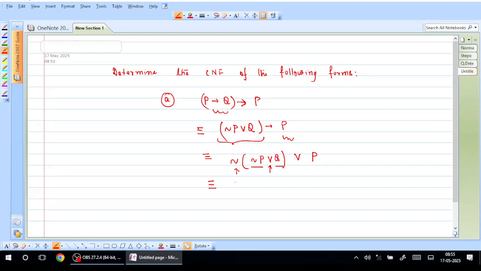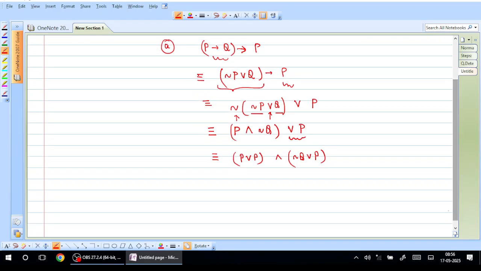So negation of negation of P is P, join becomes meet, negation of Q, and then I have join P. This part is going to be distributed. So I will have P join P, meet, not Q join P. So it is distributed, and I have the required conversion. You can see it's easier.